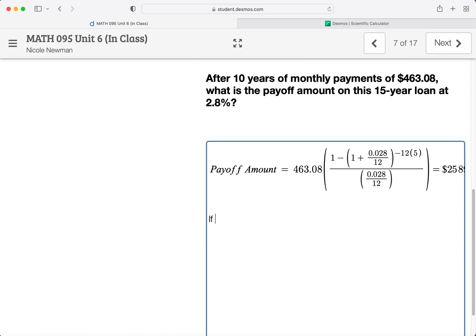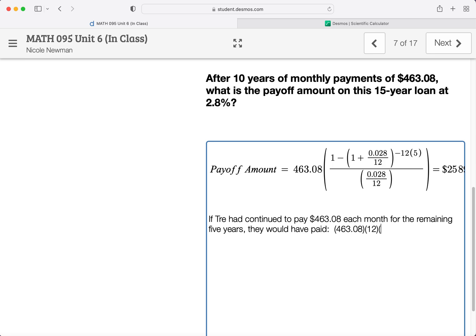So if Trey had continued to pay the monthly payments for those remaining 5 years, if they had continued to make those monthly payments each month for the remaining 5 years, they would have paid $463.08 monthly, so times 12, and then times 5.